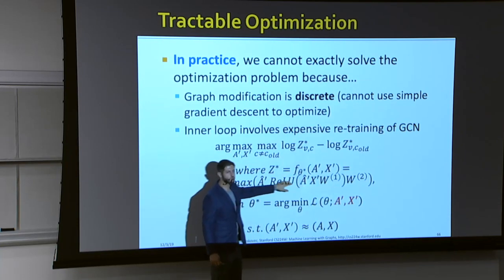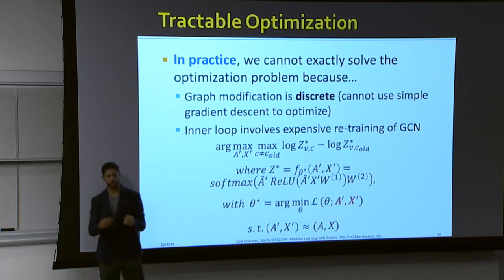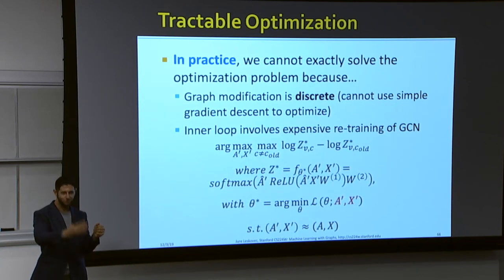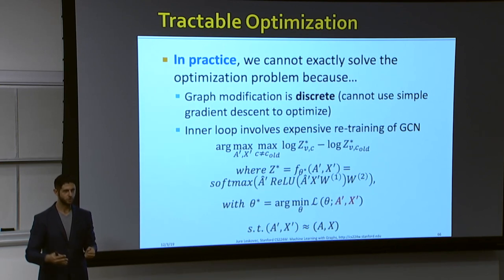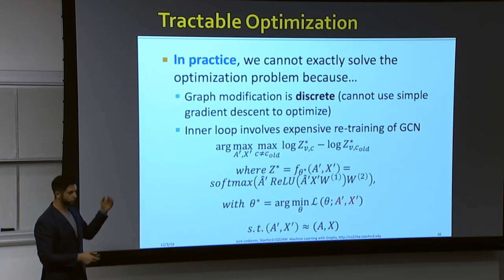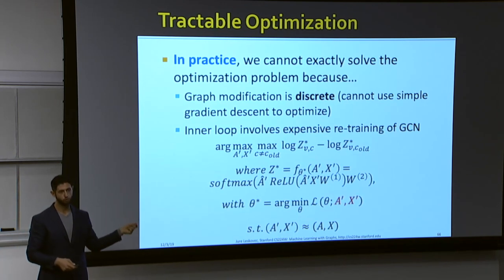So the only way to find out if on that graph the classifications will be different is to retrain the GCN with the new adjacency matrix. So we want to see if by removing an edge and adding another edge, the classification of that specific node will be the same as before or will be a different one. Okay?